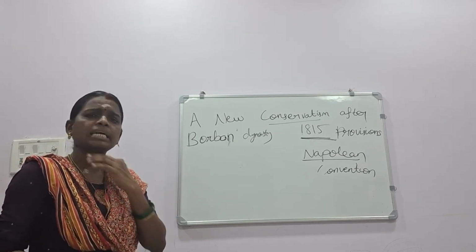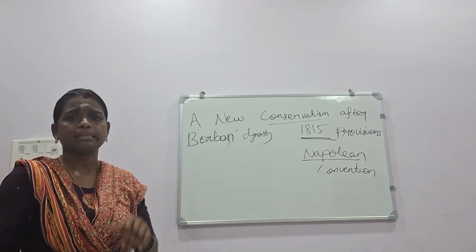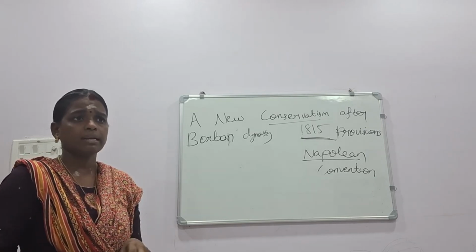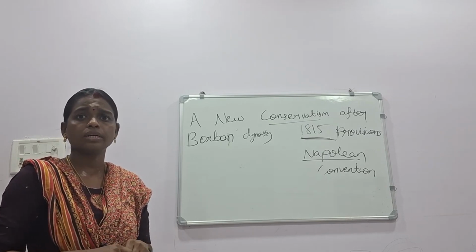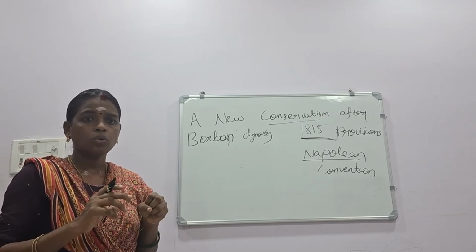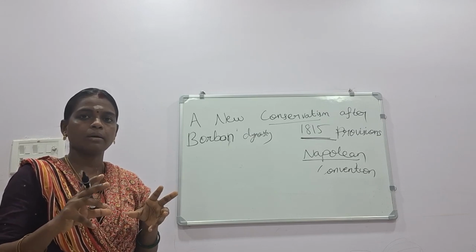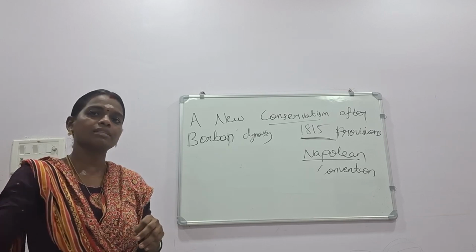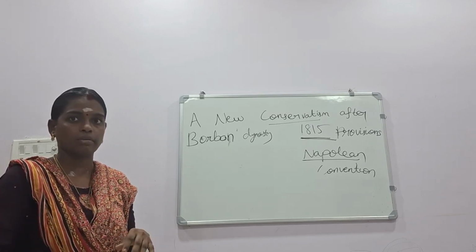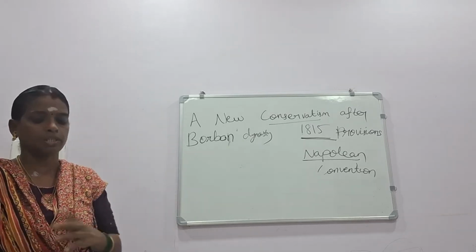Then the second thing will be Netherlands. Netherlands included Belgium, which looked after the places of the north. The north of the European countries was under the control of the Netherlands, including Belgium.